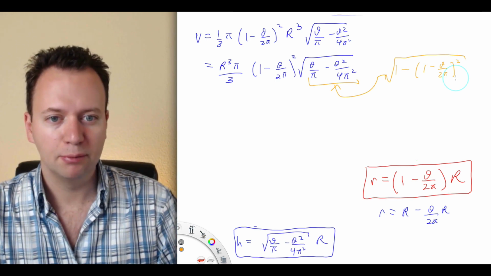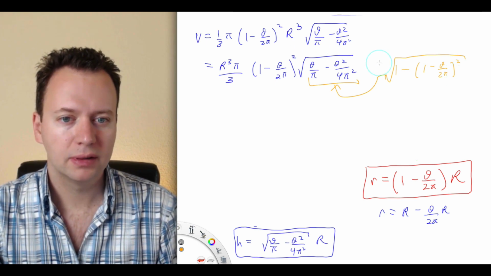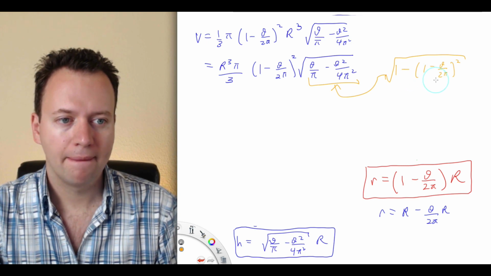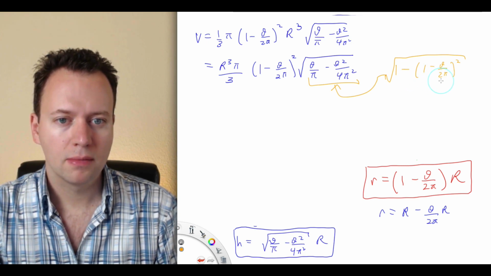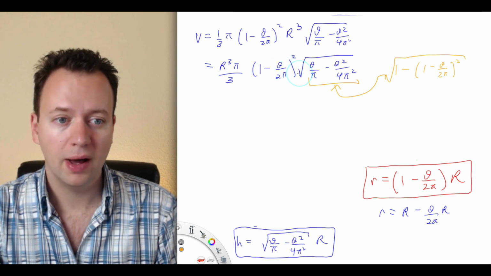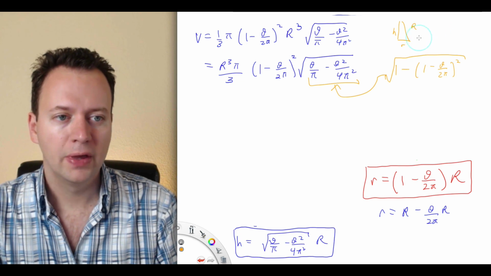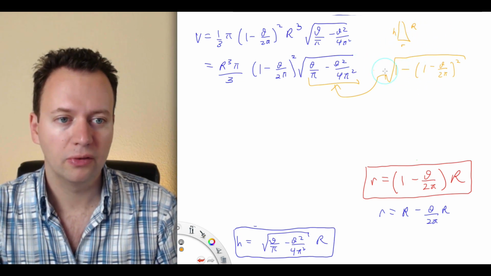Just wondering if I can simplify this any further before taking derivatives. Let's see, what can we do with this? Can I bring this inside of the square root? I guess I can. I have the same 1 minus theta over 2 pi. Recall this was the cone. We had h, little r, and capital R. So we have capital R squared minus little r squared, and there was the common capital R that got factored out.